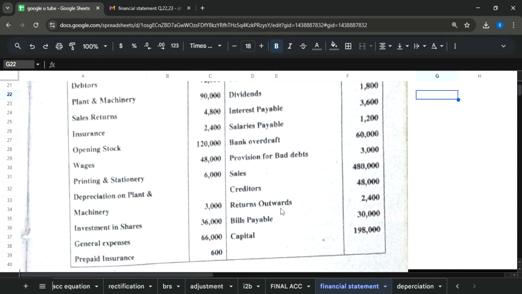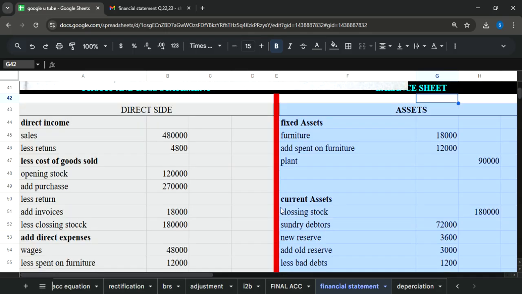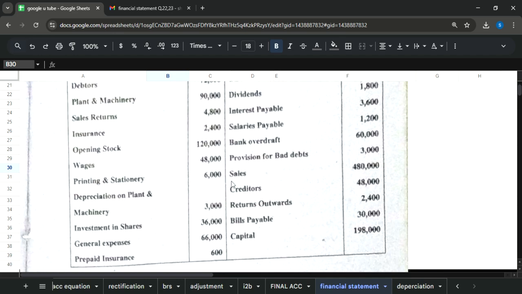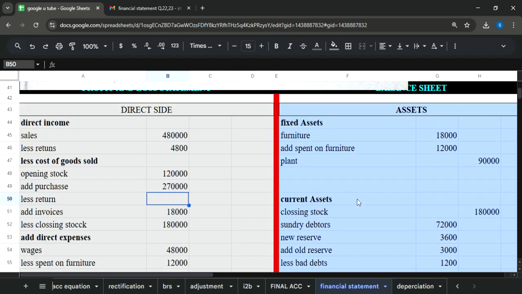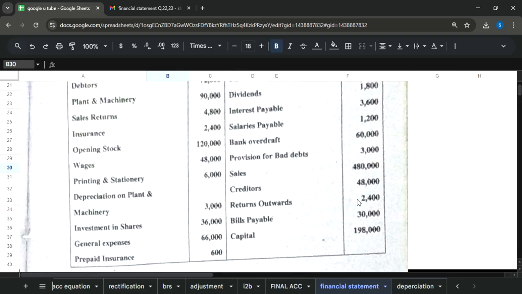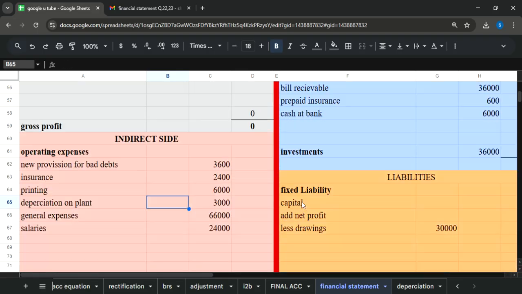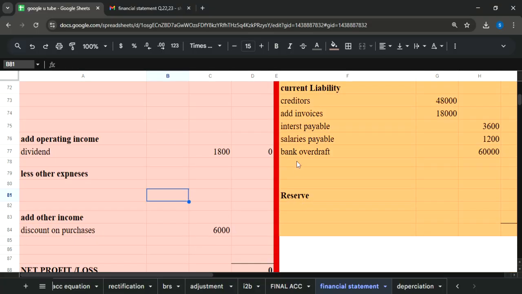Then we have return outward. These are purchase returns. Here is its place. Return outward is 2400. Put it over here. After which we have bills payable, part of current liability.